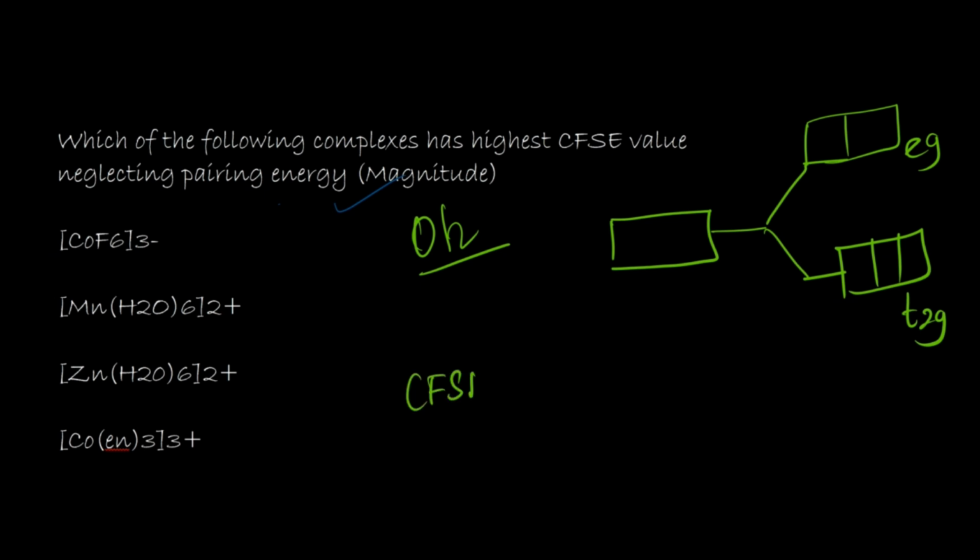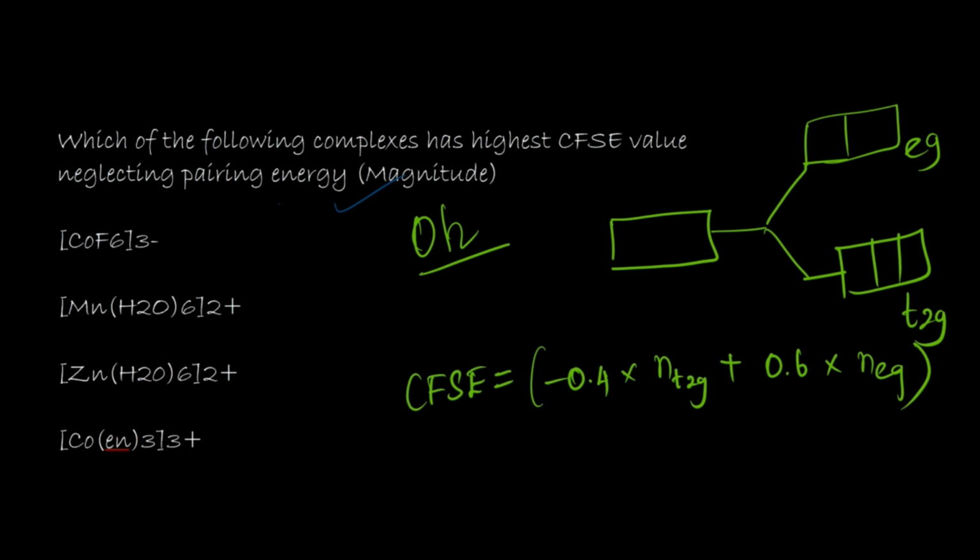So what would be the formula for CFSE? The formula for CFSE is -0.4 into the number of electrons in T2G, plus 0.6 into the number of electrons in EG level, right?